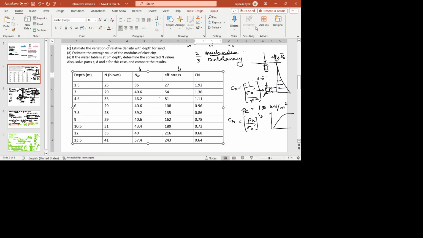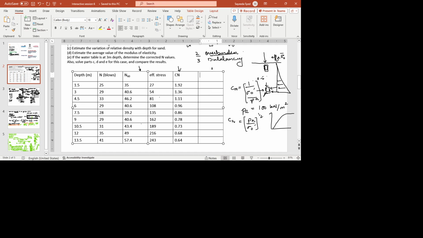After correction for overburden, we will have N160, which means at 1 atmosphere or atmospheric pressure, N160 will be Cn multiplied by N60.